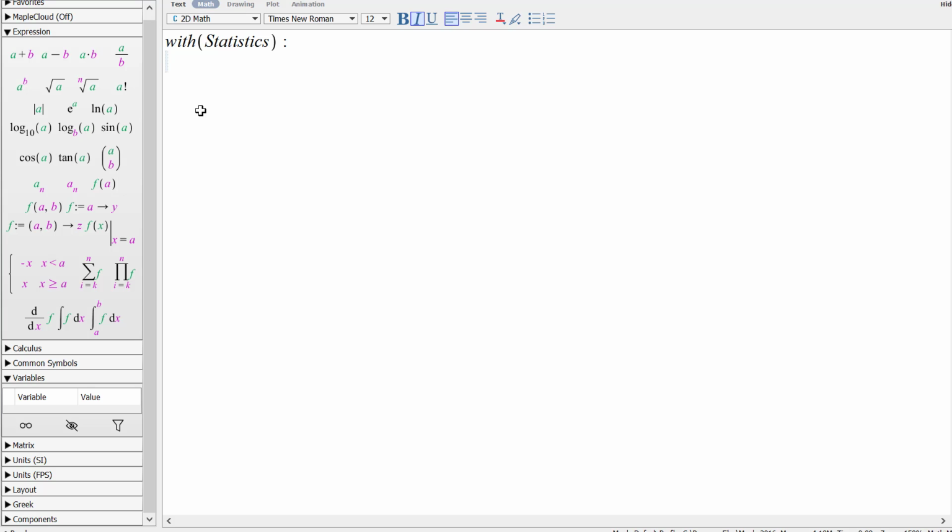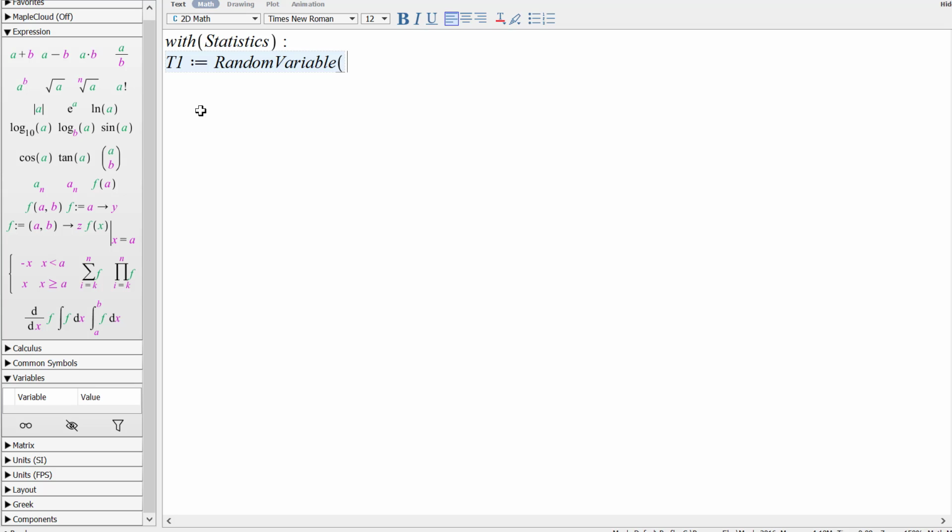Let's have a look at two of them from the t family. So let's do first t1, which will be a random variable following a t-distribution with 1 degree of freedom.